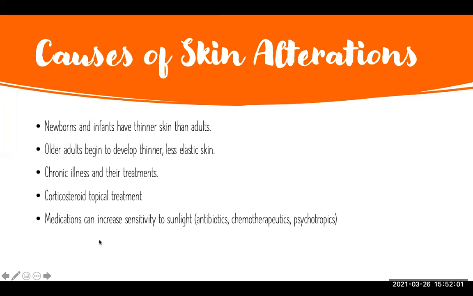Certain antibiotics and psychotropic agents will also impair the skin, like doxycycline and tetracycline, which make us more sensitive to sunlight. Certain chemotherapeutic drugs will affect us, an example being methotrexate. And tricyclic antidepressants will also impair skin integrity.